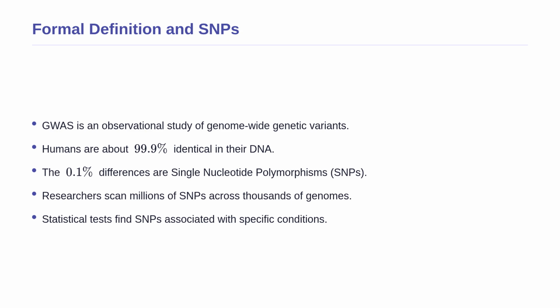In a GWAS, researchers use advanced technology to scan millions of these SNPs across thousands of people's genomes simultaneously. They use statistical tests to determine if a specific SNP occurs significantly more often in people with a particular condition, like diabetes, compared to people without it. If a strong link is found, that SNP is associated with the disease.